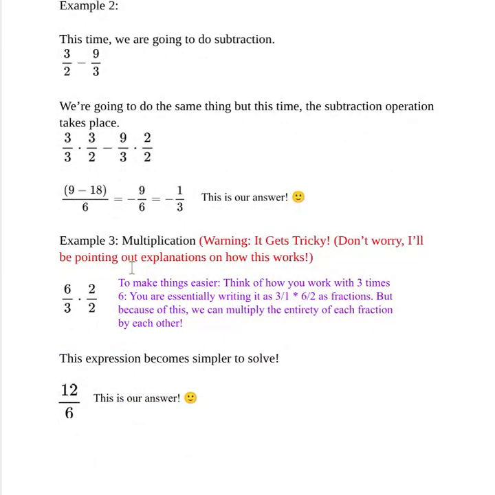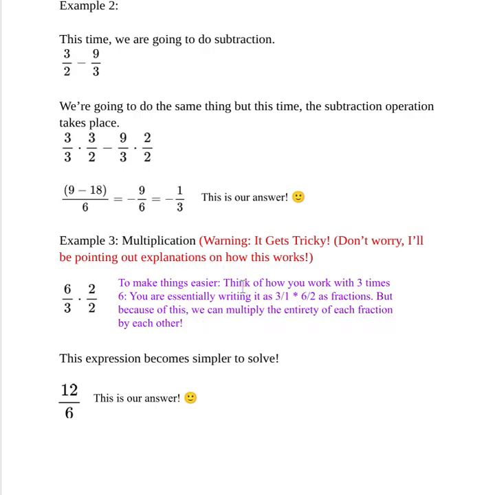But for example 3, we have multiplication. But here is the interesting part about multiplication. When you're multiplying numbers, you are essentially multiplying both the numerator and the denominator. Here is a remark that makes it easier to understand.